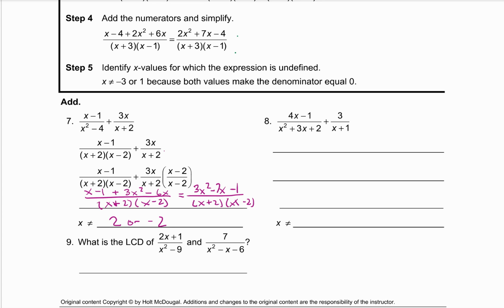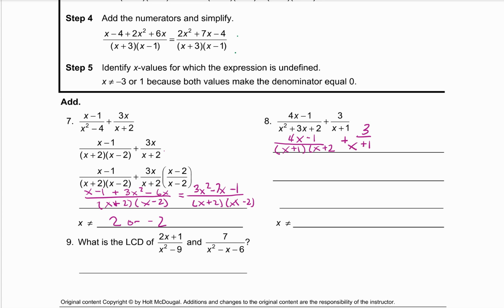We look at number 8 here. The top can't be factored. The bottom, though, would become x plus 1 times x plus 2. And to that, we are going to add this 3 over x plus 1.